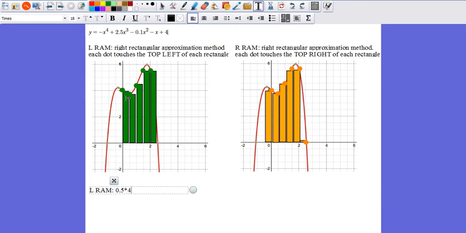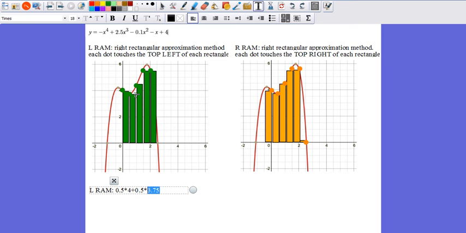I'm just looking at it and it's 4 right here. Then I am going to go plus. Let's do the second rectangle here: 0.5 times the height of this rectangle. I'm going to estimate that to be 3.75.